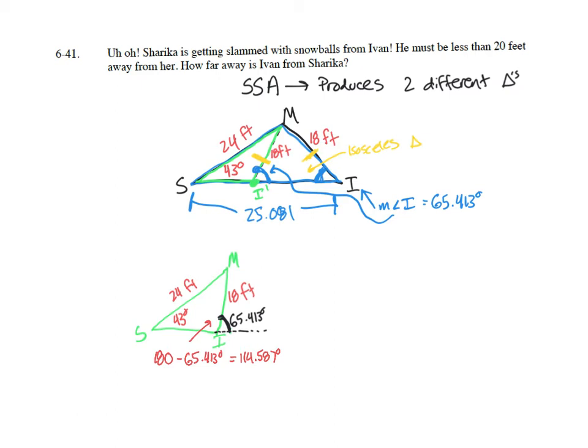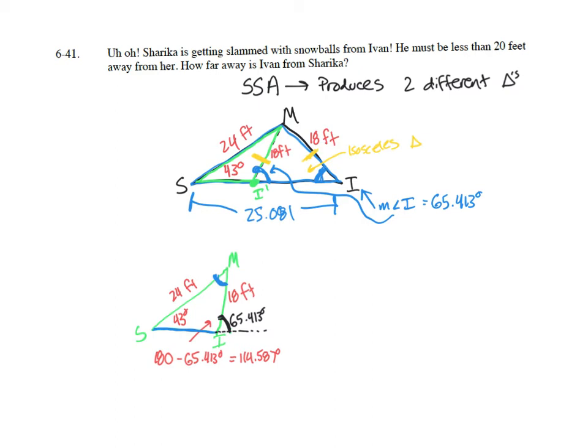Okay, 114.587 degrees. And why do I need that, or why is that necessary? Well, because now what I can do is I can determine this missing angle right up here, the measure of angle M. And if I can find the measure of angle M, I can then use that to solve for this missing side length across from it, which is what I want to try and find. Okay, that missing side length from S to I represents this distance from Sharika to this new supposed distance where Ivan is standing.